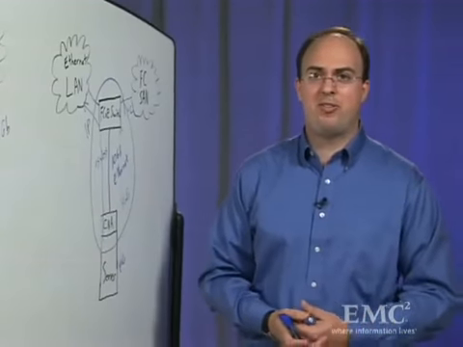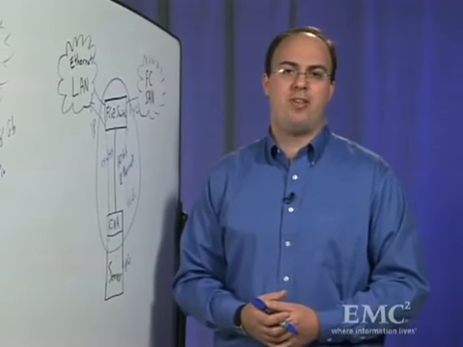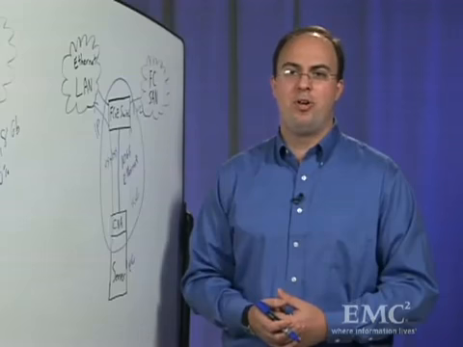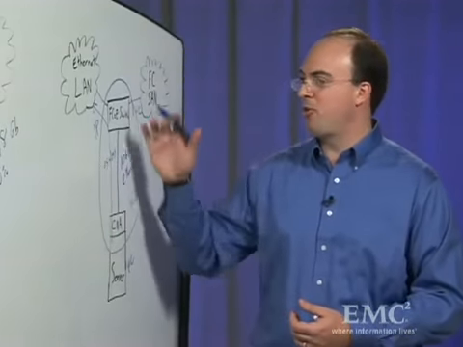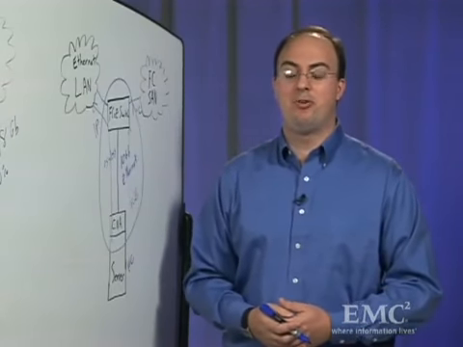We do expect this to mature over time, and EMC doesn't provide these environments by ourselves. We're working very closely with partners, and just as we did for Fibre Channel, EMC will be providing adapters and switches from our partners to provide best-in-class solutions.